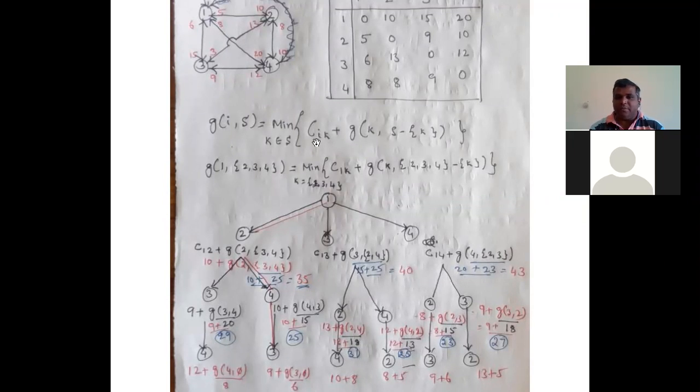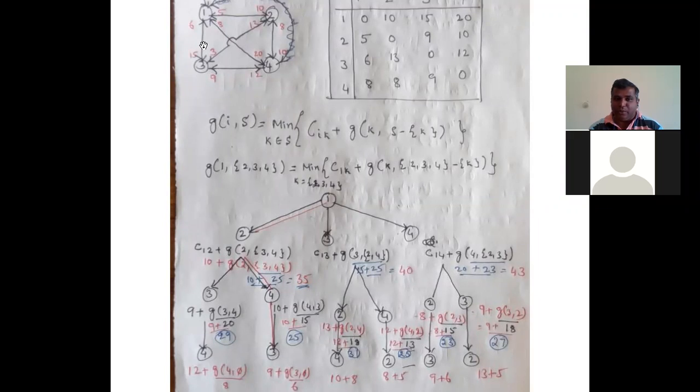The cost from starting node to intermediate node plus the cost from the intermediate node to all other remaining nodes other than the visited nodes, that is I and K node. This is the general formula. How to use this formula, in this example we'll see it. So I am taking 1 as the starting node, G of 1.